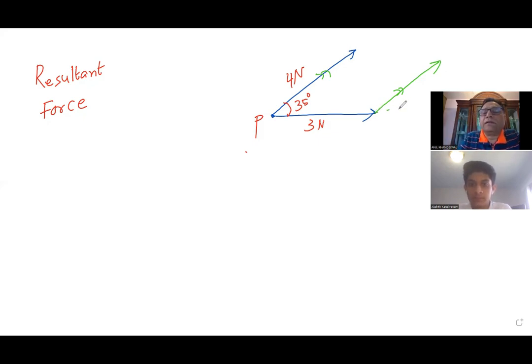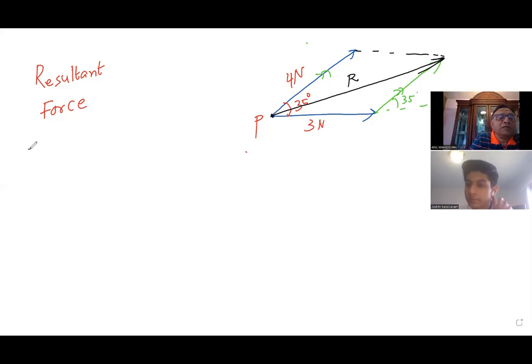If you maintain that this angle still with horizontal is 35 degrees, in that case, it is exactly the same force, correct? And therefore, we can now say, what is the resultant force? The resultant force in this particular case will be from P to, let me complete the parallelogram, right? And there you go. So that becomes the resultant force. Now tell me, in this case, what is the value of R?